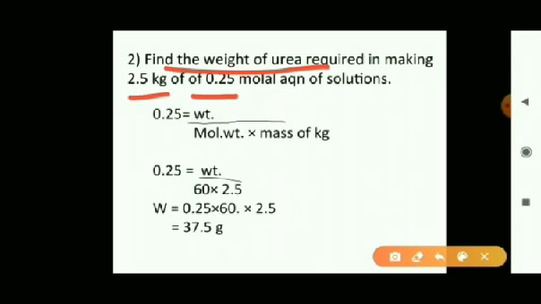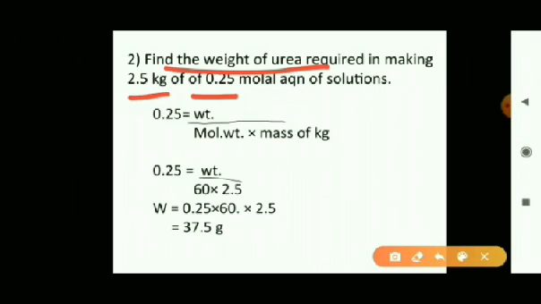Now what is given here? Here the molality is already given, that is 0.25 molal, and we have to find the weight of urea. As we have done in the previous example, we found the molecular weight of urea as 60 gram.